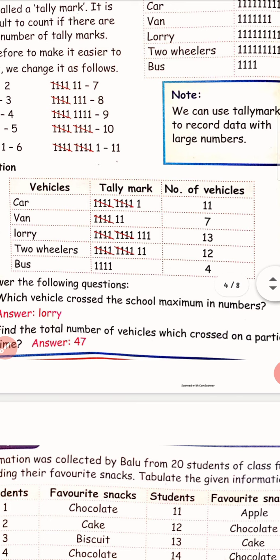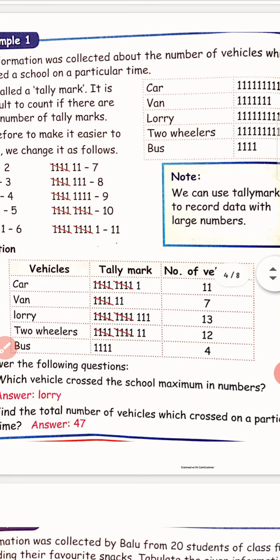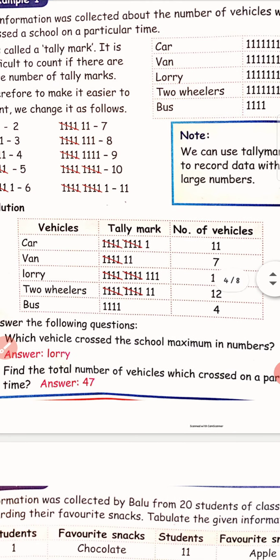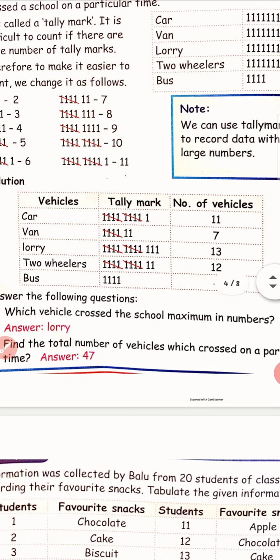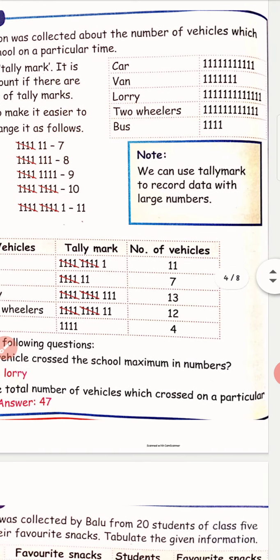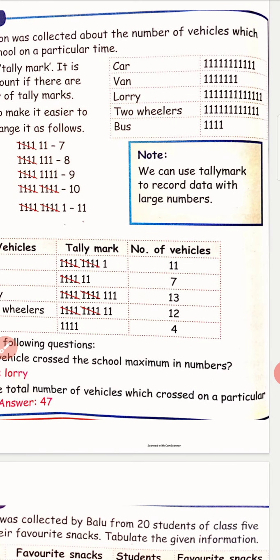Next, van, totally seven. Seven are given, so you put the tally mark for five. Next, five plus two is seven, so five, and next two ones. So the number of vehicles is seven. Next, lorry. How many lorries? They have given thirteen.